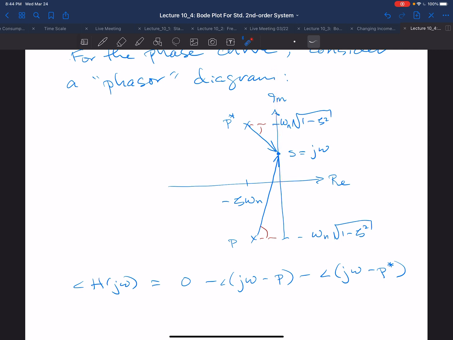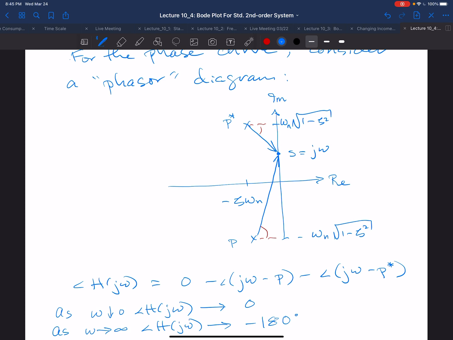Well, you can see that as omega goes to infinity, both of these angles are going to approach plus 90 degrees. So the angle of H of j omega will approach minus 180 degrees. So at low frequencies, the angle of H of j omega goes to 0, and as omega goes to infinity, it goes to minus 180 degrees.